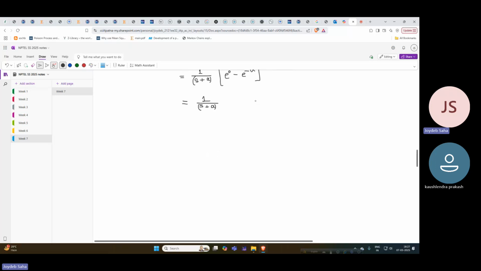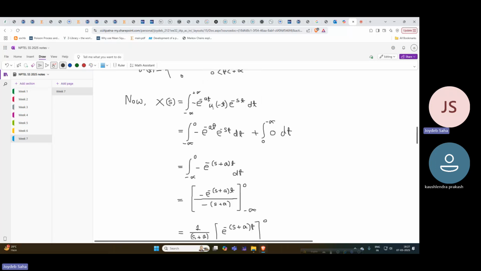And the region of convergence will be: look, s plus a is negative because it lies only in minus u of minus t. And what is u of minus t? U of minus t means this value, so it is in the negative region.